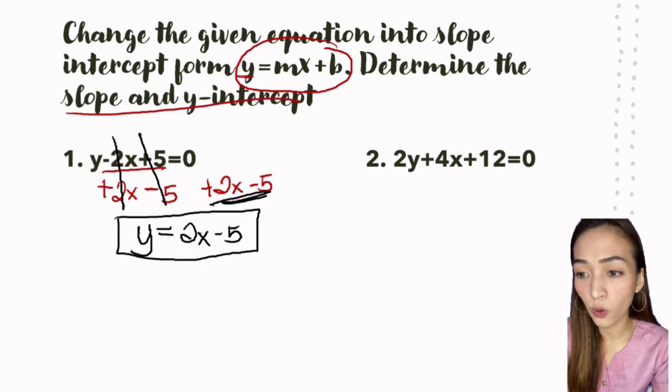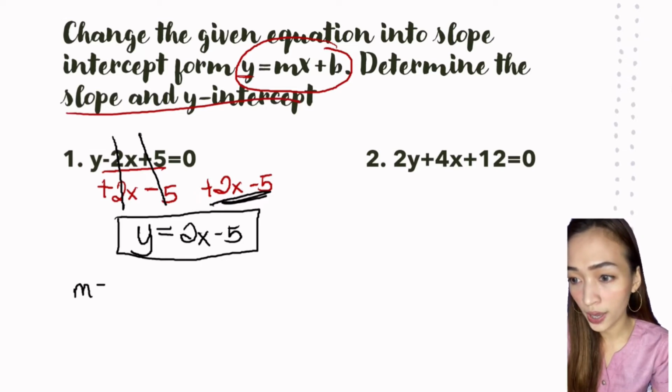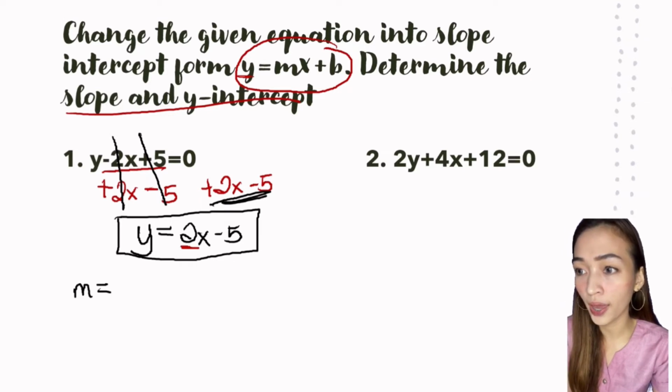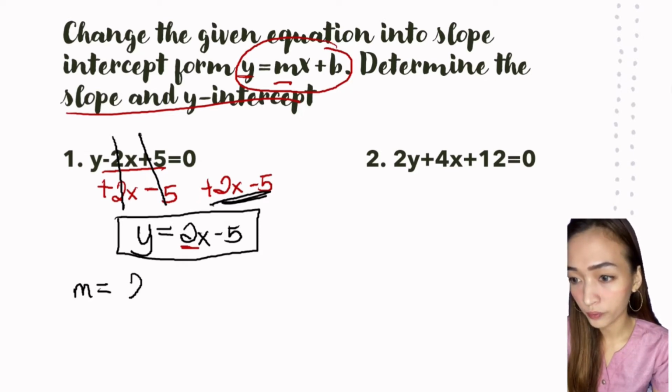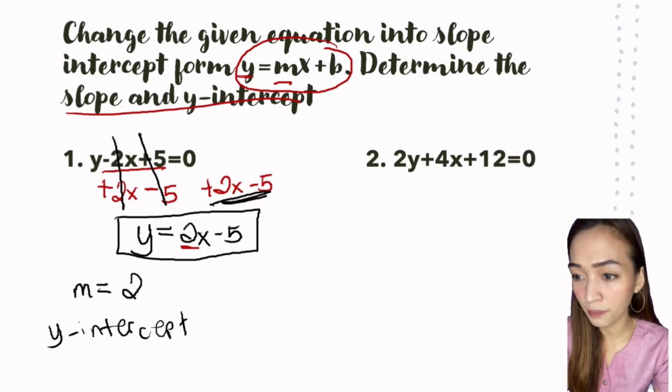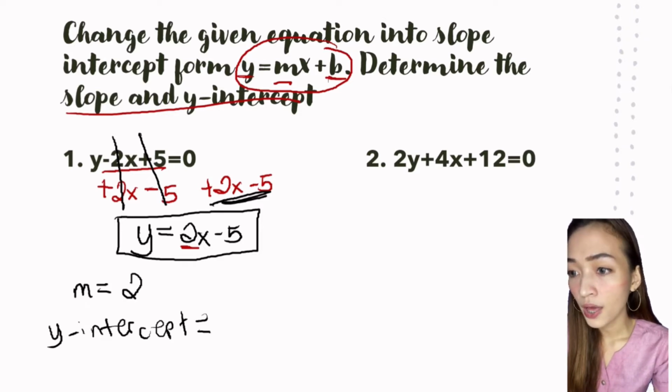So, our slope, m, okay, is this one, 2. Again, our m is slope, okay? So, our slope here is 2. And then now, what is the y-intercept? So, our y-intercept is b. Now, in our answer, the b is negative 5.